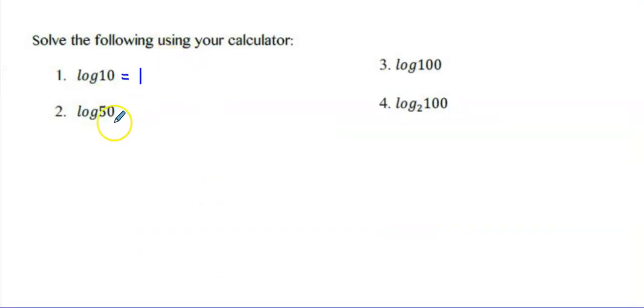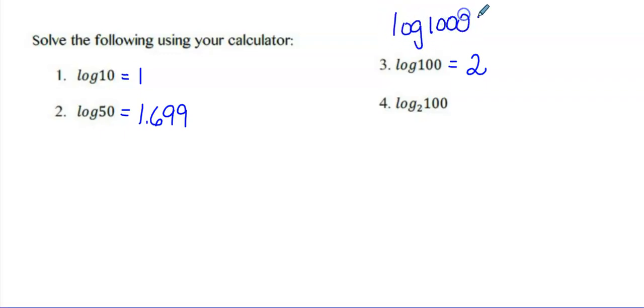So this approximately equals, it's not an exact answer because we're rounding it, 1.699. Log 100, if you enter that in your calculator, you would get 2. Interestingly enough, log 10 is 1, log 100 is 2, so you could probably figure out that log 1000 would be 3, just as the number of zeros is going to be your answer there.